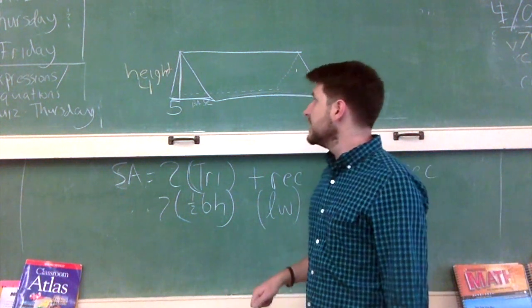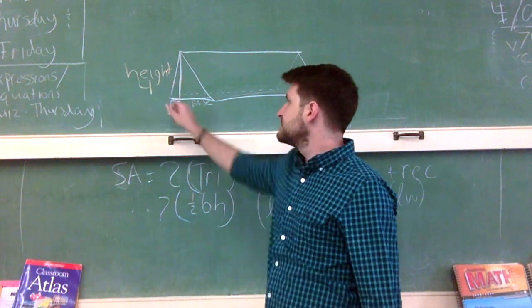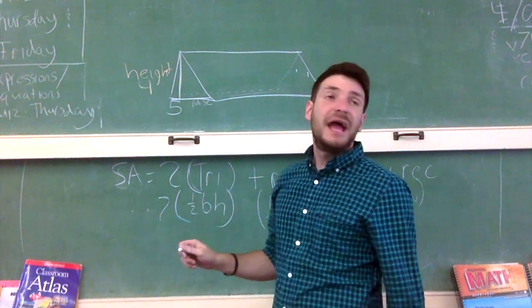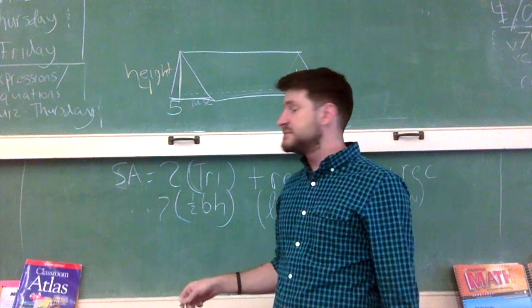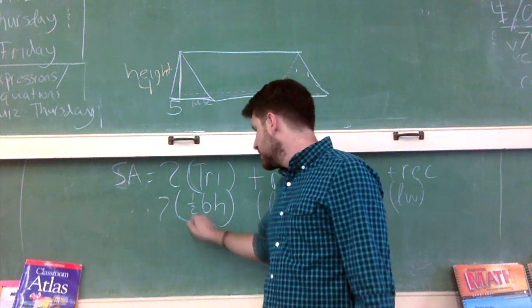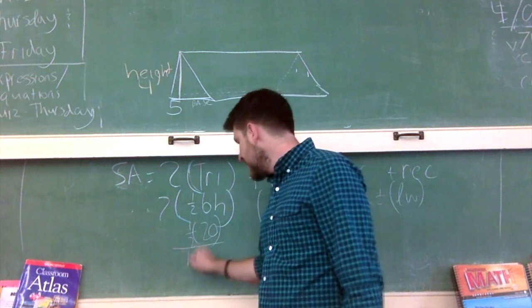All we have to do is plug it in. We know that our height is 4, our base is 5. Together they make 20. 1/2 base times height. So if this is 20, multiply that by 1/2, you're going to end up with 10.